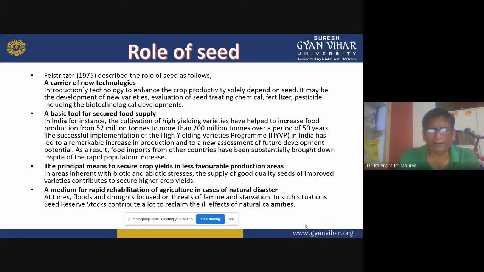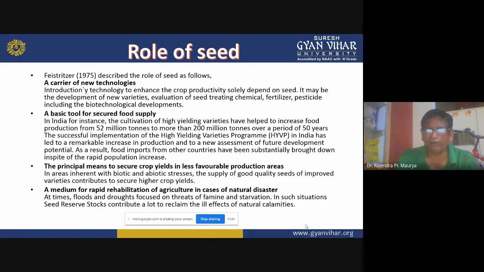A medium for rapid rehabilitation of agriculture in cases of natural disaster. At times, floods and droughts cause threats of famine and starvation. Sometimes what happens is that due to floods or droughts, threats of famine and starvation occur, because in floods the complete crop is damaged and there is no production.